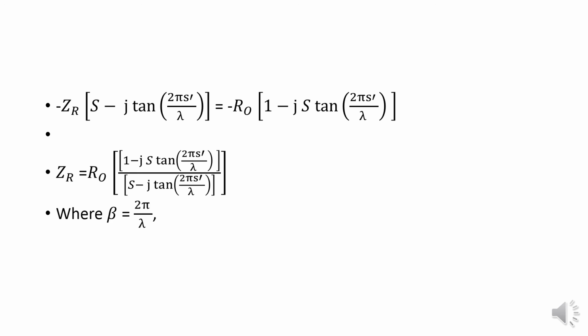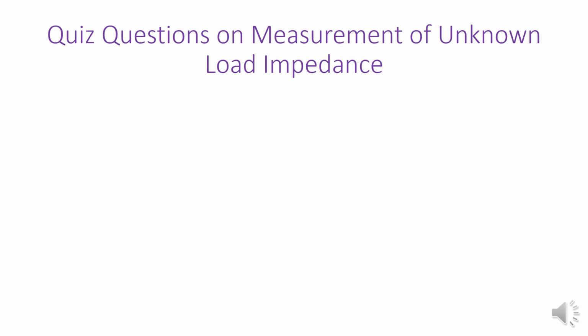Where beta = 2 pi divided by lambda, we substitute the beta value in the above equation. So Zr = R naught into (1 minus j S tan beta S dash) divided by (S minus j tan beta S dash). This is the expression based on the measurement of unknown load impedance.